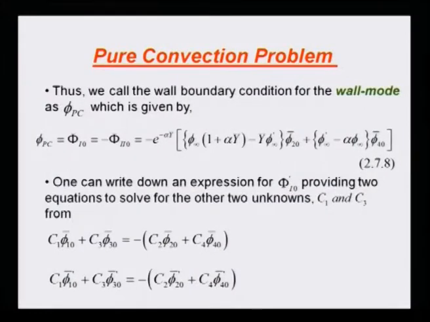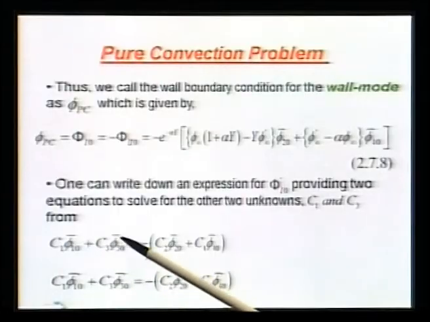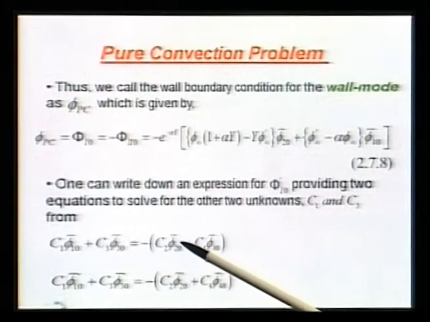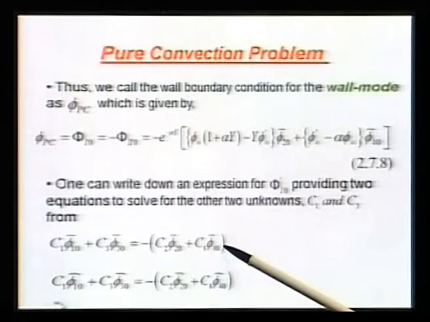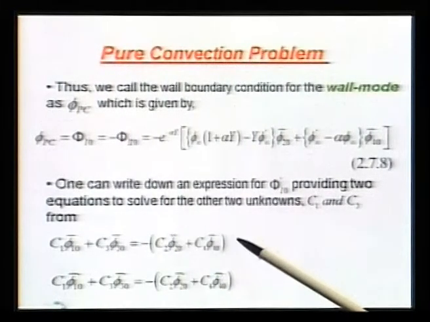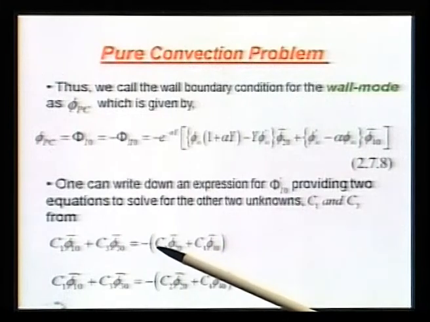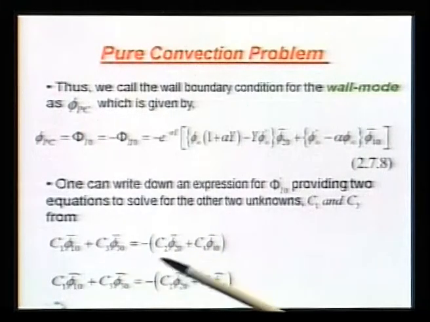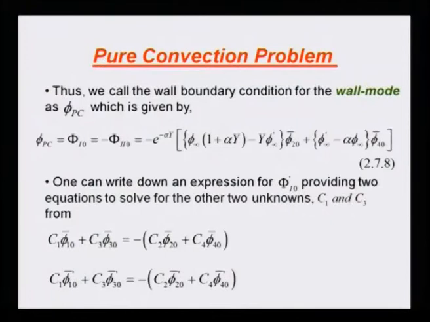Now, what has happened? We have now two sets of equations to obtain for C1 and C3. This is what we are getting by putting phi at the wall equal to 0. This is coming from the free stream mode evaluated at the wall, and this is this. Now what you are seeing, this is the V component of velocity, and this is the u component of velocity.